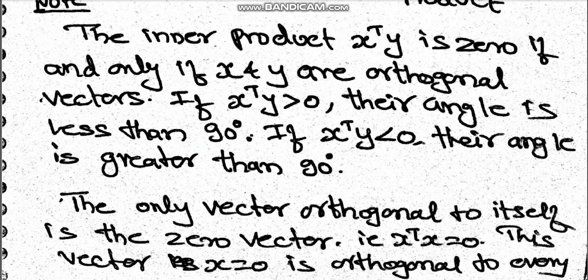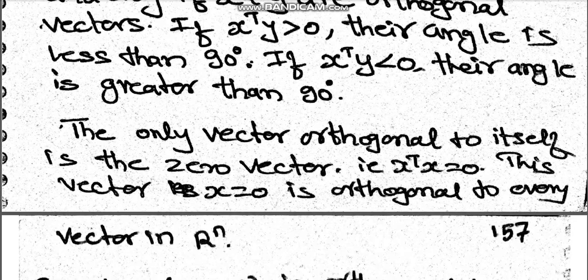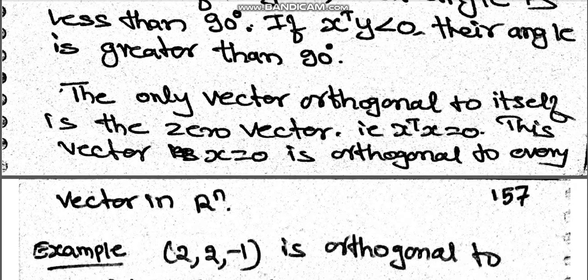So these are the three conditions. If it is 0, the angle is equal to 90 degrees; if it is greater than 0, it is less than 90 degrees; and if less than 0, it is greater than 90 degrees. So the only vector orthogonal to itself is the 0 vector. If the vector has to be orthogonal to itself, that means x transpose x is equal to 0.